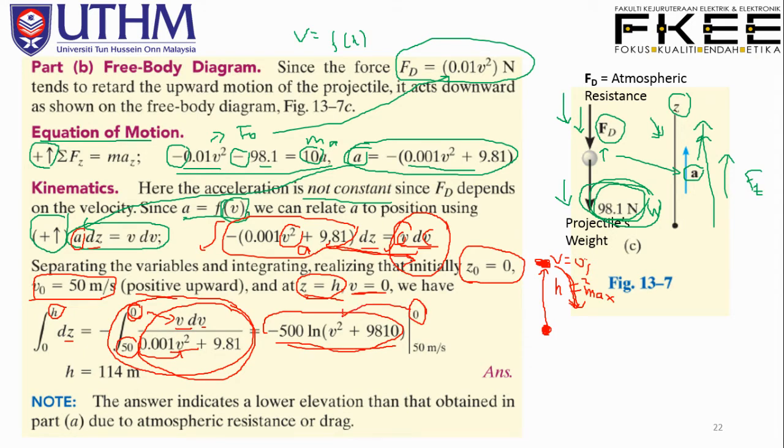So substitute the value of v equal to 0 and v equal to 50 meters per second. And then finally you will get z. This is z maximum actually, which is h. Because you need to substitute the value of h into here. So h is 114 meters.